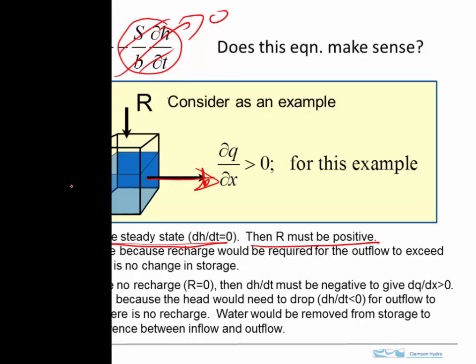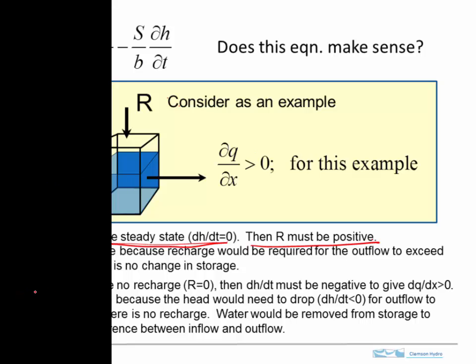For the horizontal groundwater flow, there's more flux coming out than is entering. So it must mean that recharge is making up the difference. So if this is positive, then recharge must be positive. That makes sense.